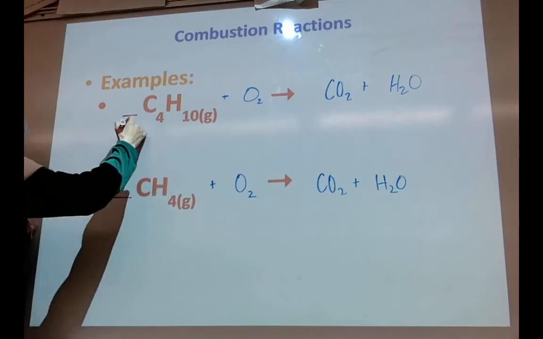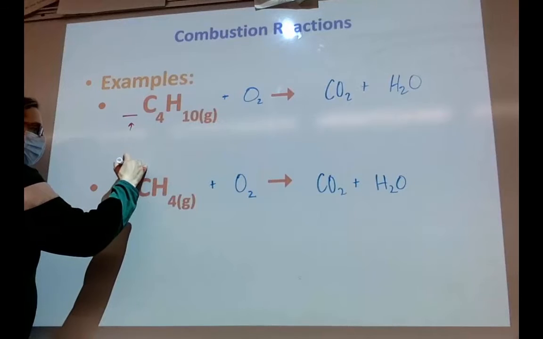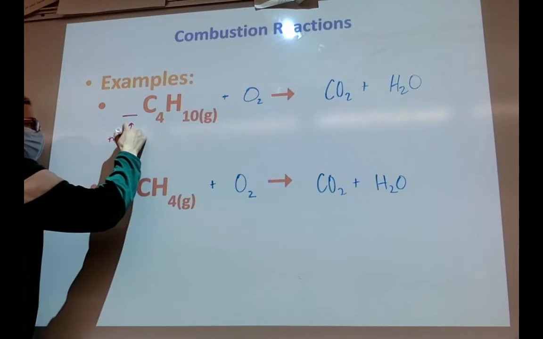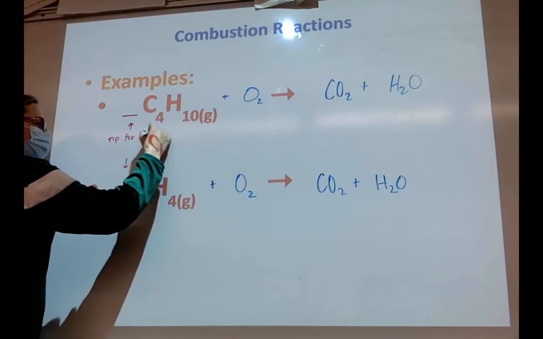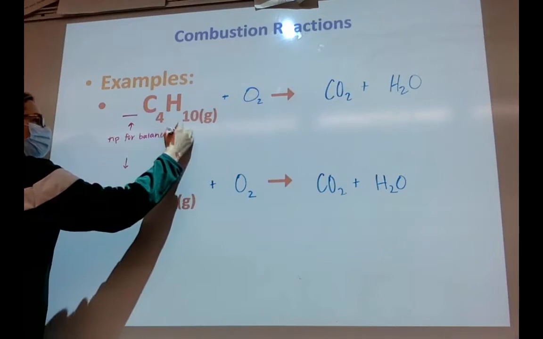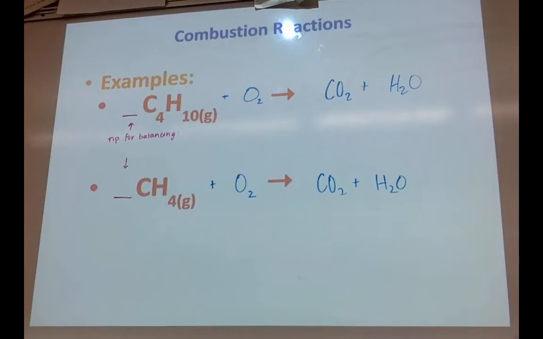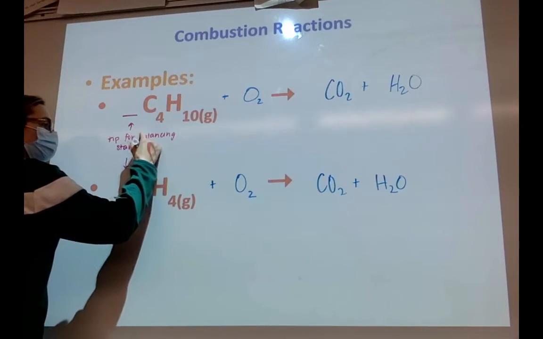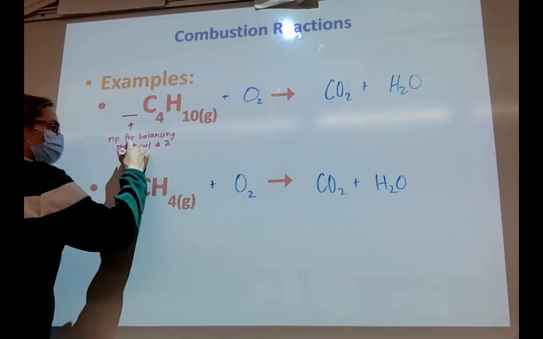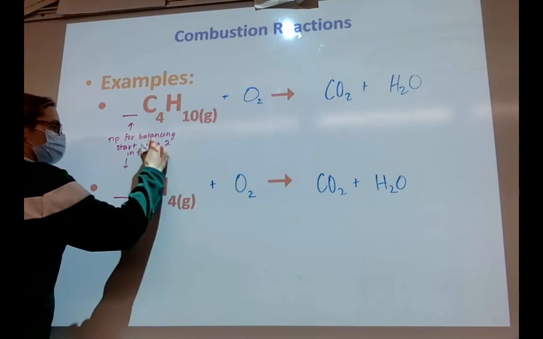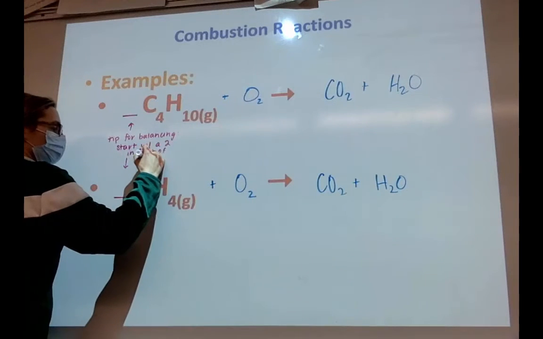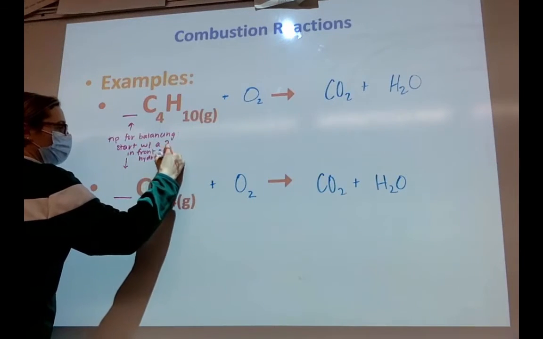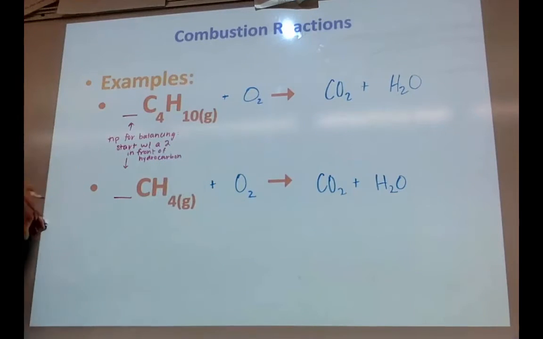A tip for balancing, because we're going to continue to balance equations: put those coefficients in front. Start with a 2 in front of the hydrocarbon. Last week when we were talking about balancing, I kept talking about combustion reactions.